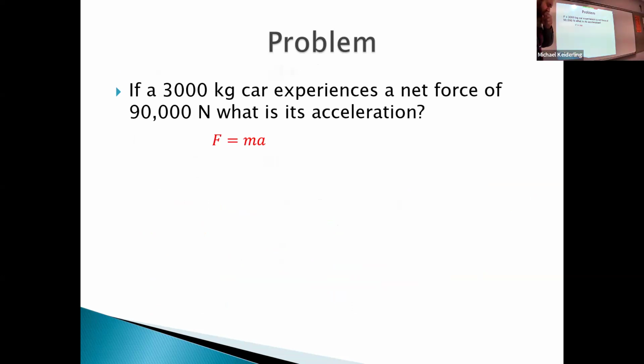Remember, force equals mass times acceleration, which also means acceleration equals force over mass. 30 meters per second squared is correct, yes. So 90,000 newtons divided by 3,000 kilograms gives you 30 meters per second squared.